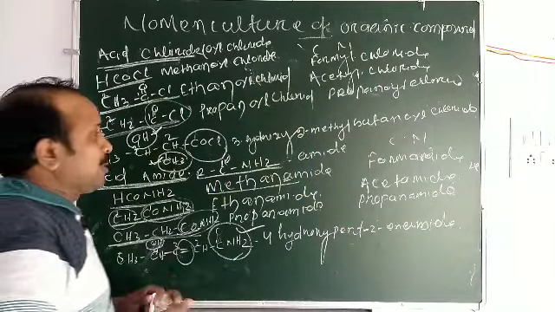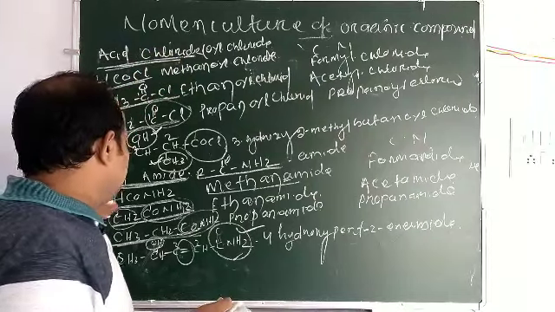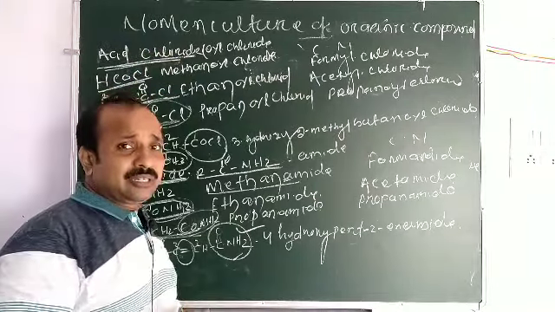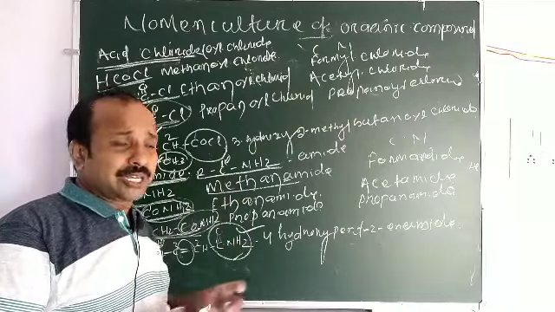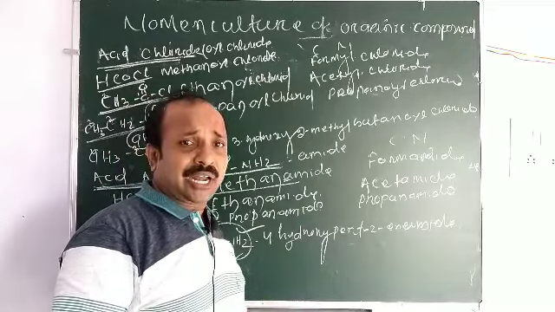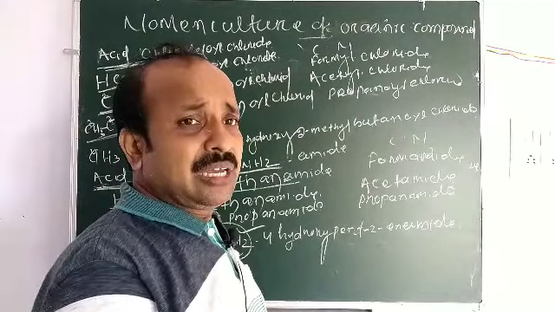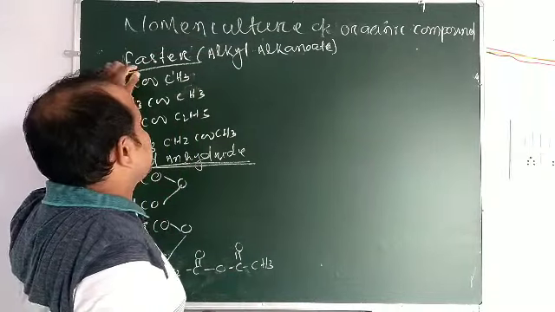This is all about the functional group of organic compounds containing acid chloride and acid amide. Then we go to naming organic compounds containing ester and acid anhydride. Now we start with the ester.